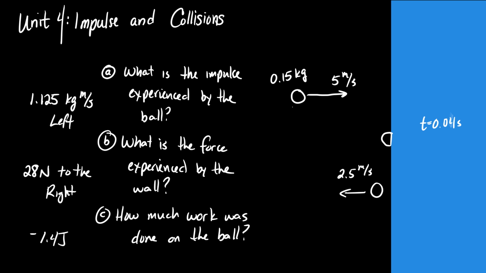The question. So the fact that they asked specifically for impulse kind of helps. So I'm going to think on impulse for a minute. There are two parts to impulse. There's force times time and change in momentum. They both equal impulse.